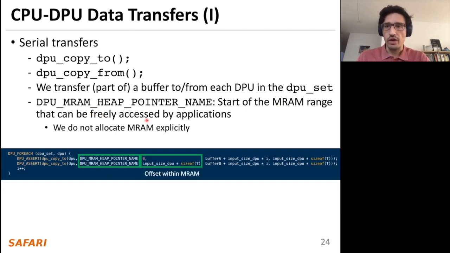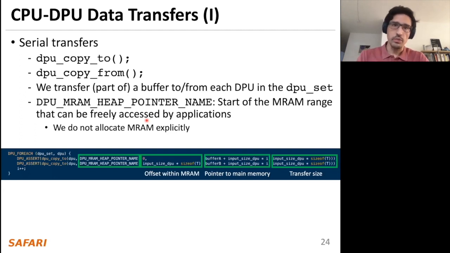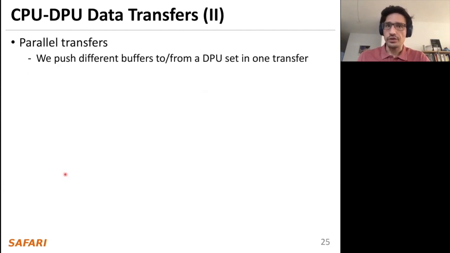And then we define an offset within the MRAM where we are going to start copying whatever we have in the main memory of the CPU. And then we have our pointer to the main memory here and the transfer size, which is the chunk that we are copying at once from the main memory in this case, because it's copy to from the main memory to the MRAM.